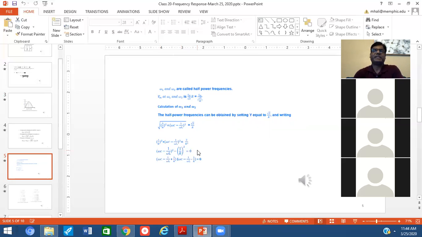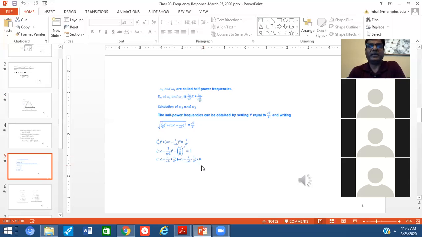This corresponds to the basic algebra equation a squared minus b squared, which is like a plus b into a minus b. Therefore, look at the very last line, which is omega C minus 1 over omega L plus 1 over R, which is equivalent to a plus b. And then in parentheses, omega C minus 1 over omega L minus 1 over R equal to 0.